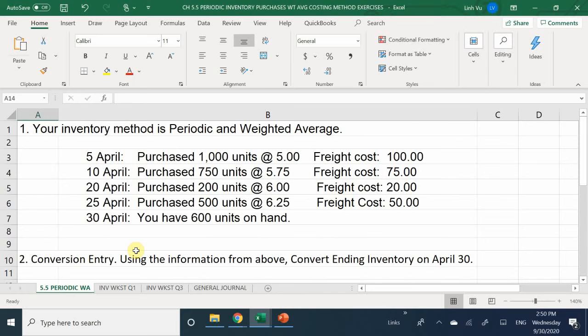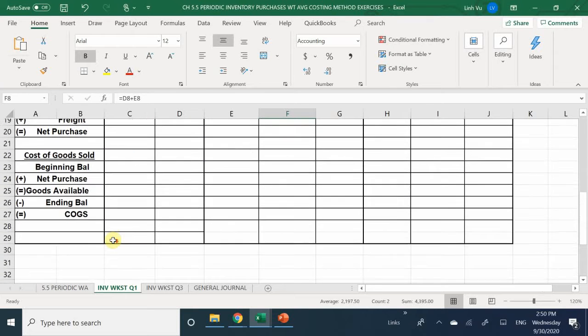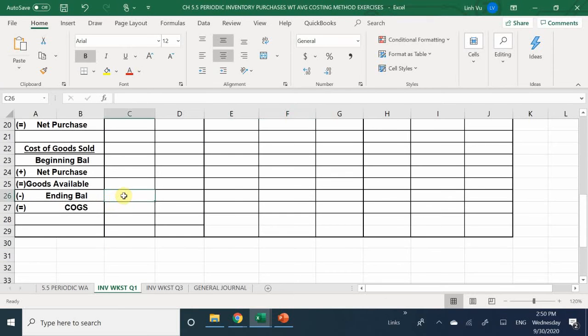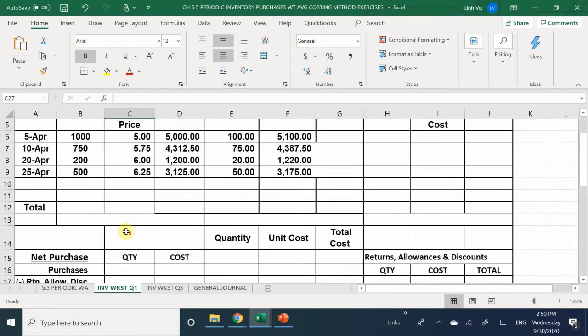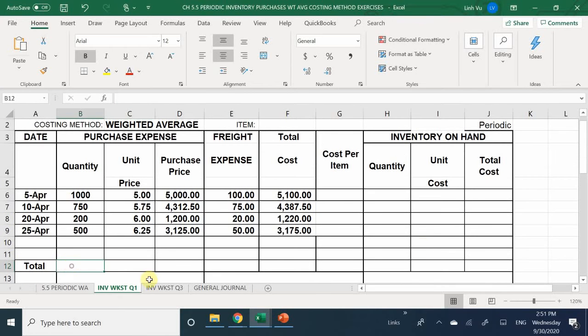That we have 600 units on hand. That is correct. So I'm going to make sure that my ending balance is 600. Let's tally up each column.